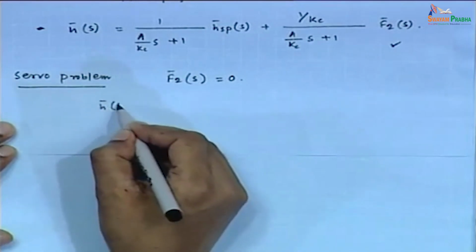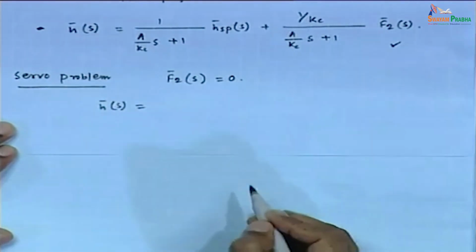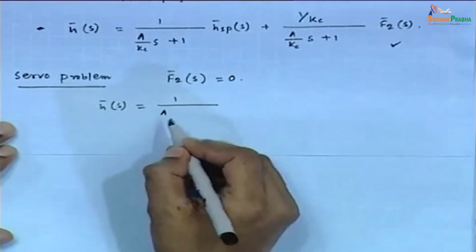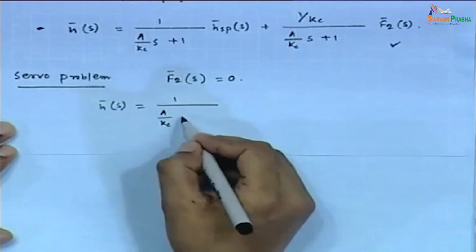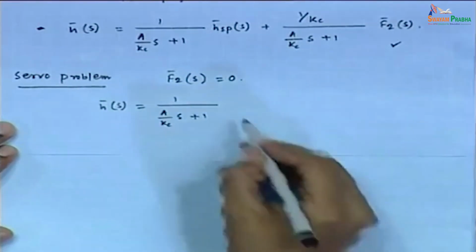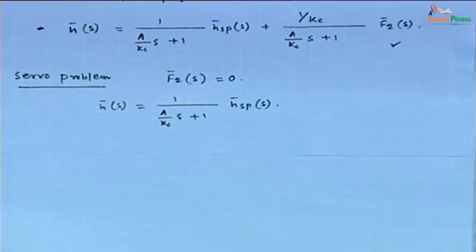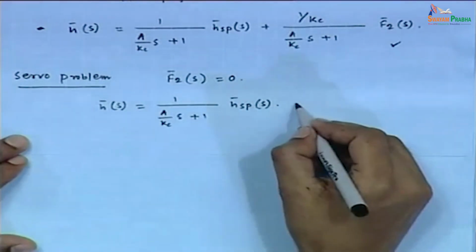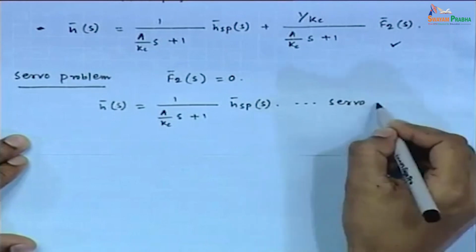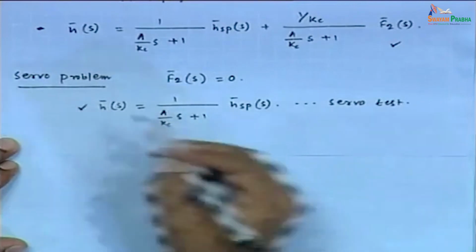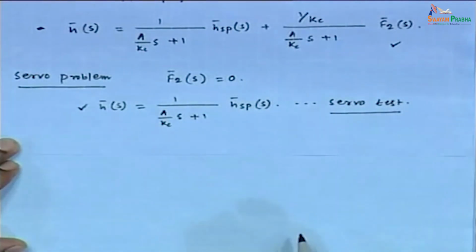Accordingly, the closed loop transfer function becomes H bar S equals 1 divided by (A by Kc S plus 1) H set point bar S. This is for the servo test.